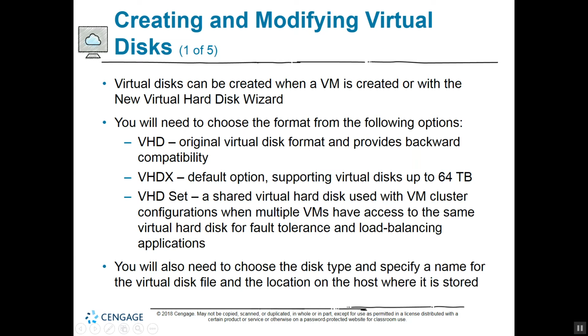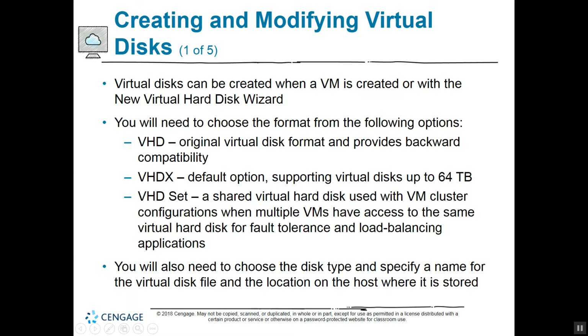Right. Virtual disks can be created when a VM is created or with a new virtual hard disk wizard. Now you'll need to choose the format, whether it's going to be VHD, VHDX, or a VHD set. And VHDX can support disks up to 64 terabytes.